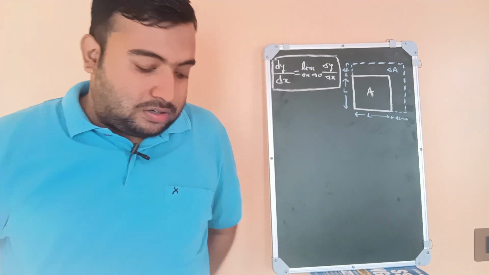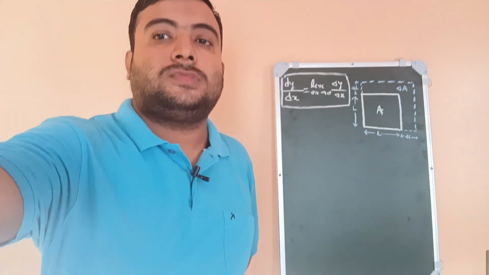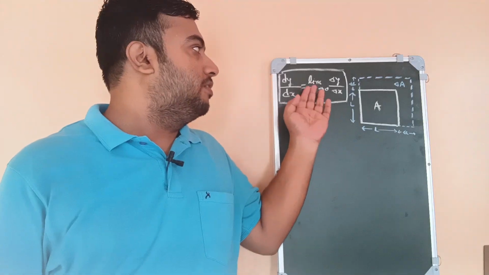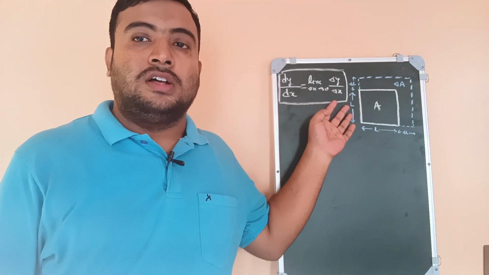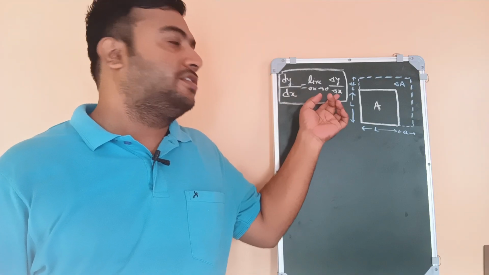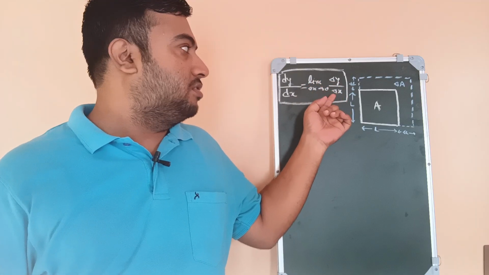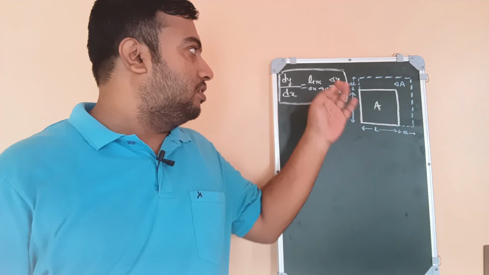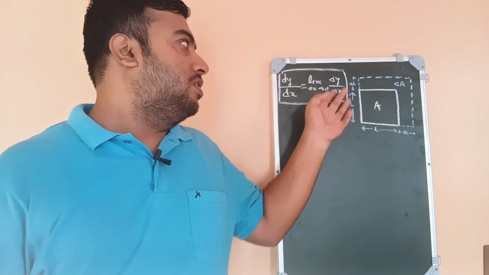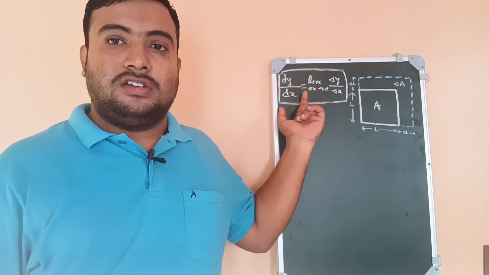So in the previous part we have introduced the concept of differentiation and we have seen that dy/dx is nothing but the limit as delta x tends to 0 of delta y by delta x. If delta x is changing positively and delta y is positive, then dy/dx is positive, and if y is decreasing when x is increasing, then dy/dx is negative.